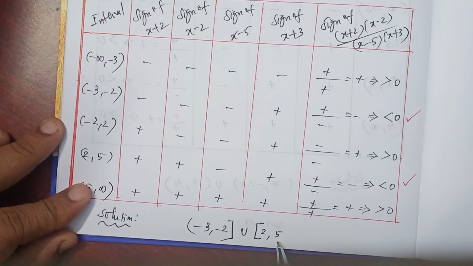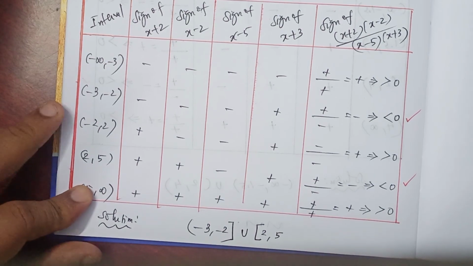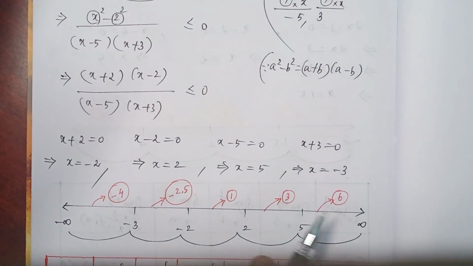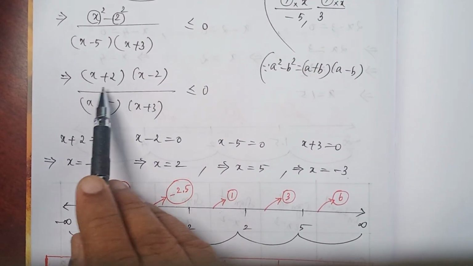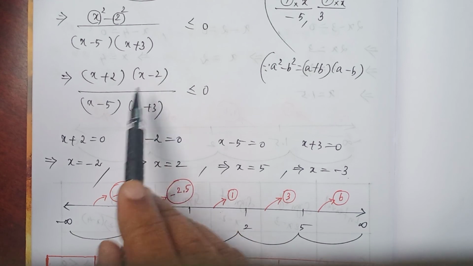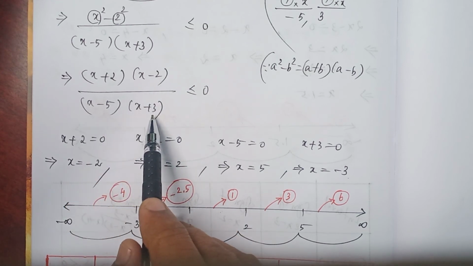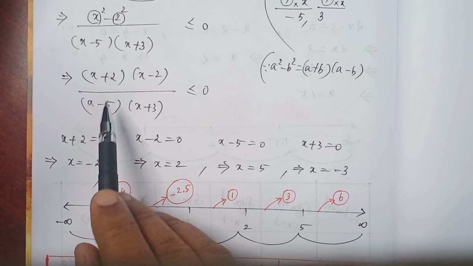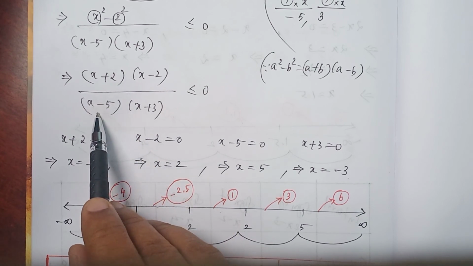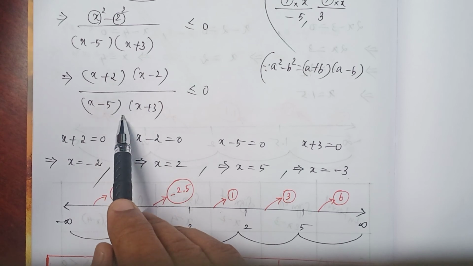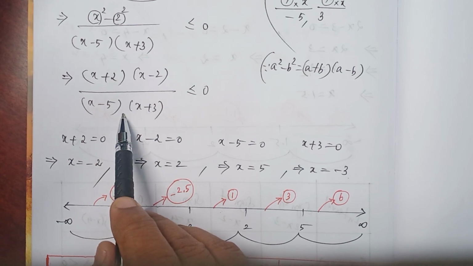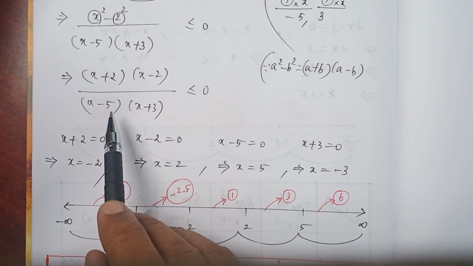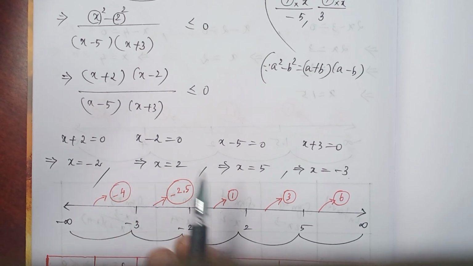Now finally we can go for 5. Replace x by 5 in this inequality. 5 plus 2, 7; 5 minus 2, 3; 5 plus 3, 8; but 5 minus 5, 0, and 0 is in the denominator. Anything by 0 is undefined, no value at all. So 5 is not to be included, it has to be excluded.